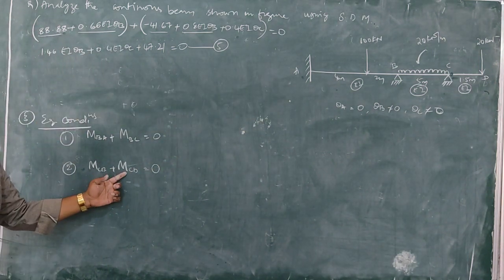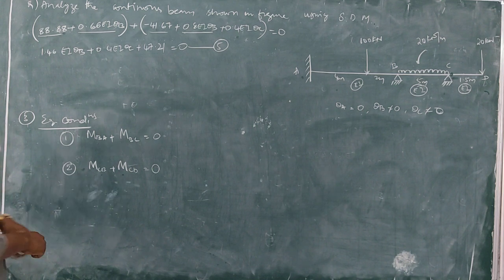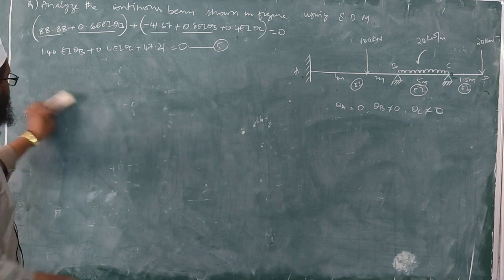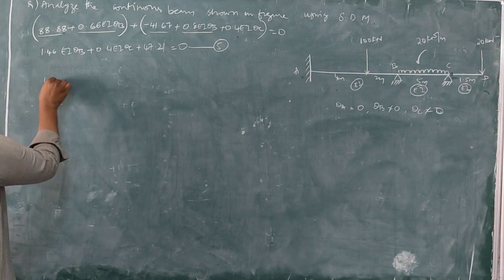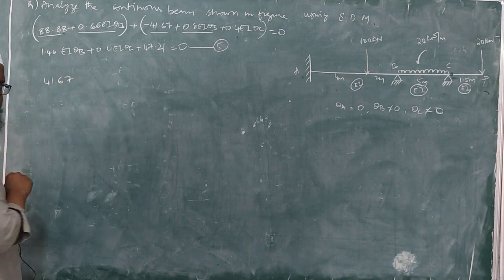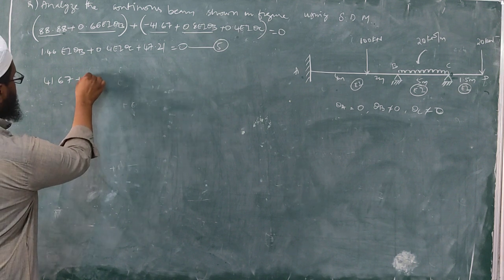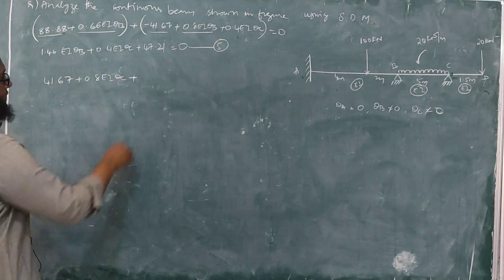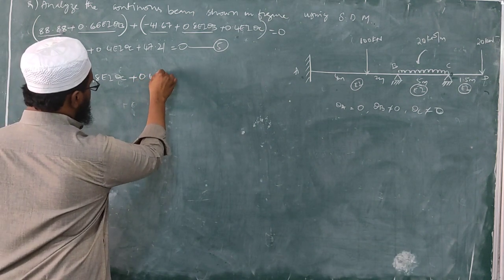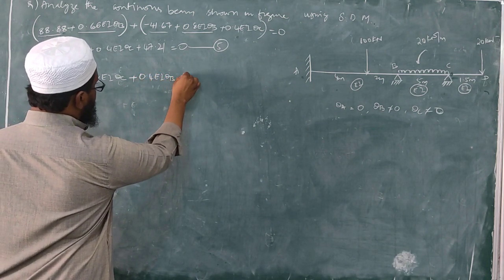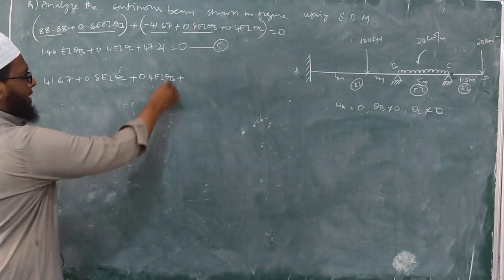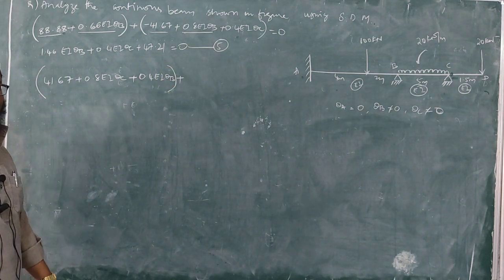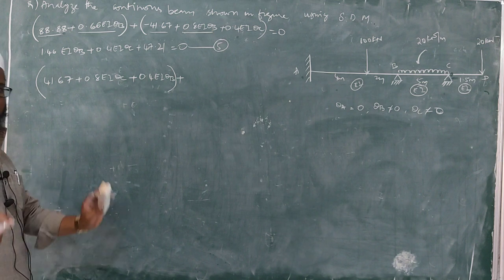Alright, now we will go for MCB plus MCD. What is MCB? We have 41.67 plus 0.8 EI theta C plus 0.4 EI theta B. This is MCB. What about MCD? Minus 30, that's it, right?